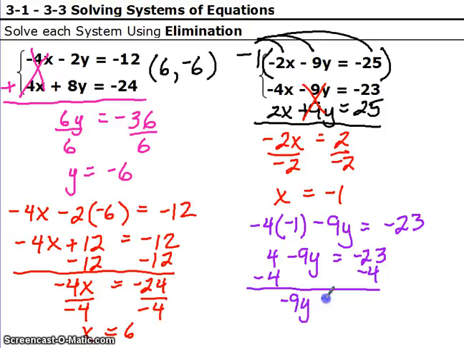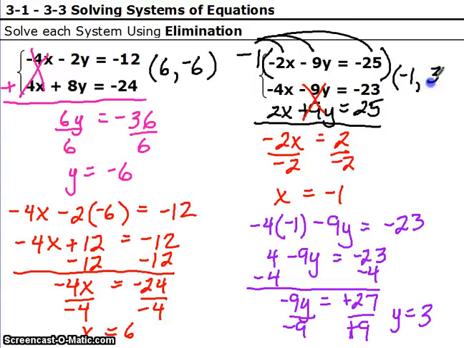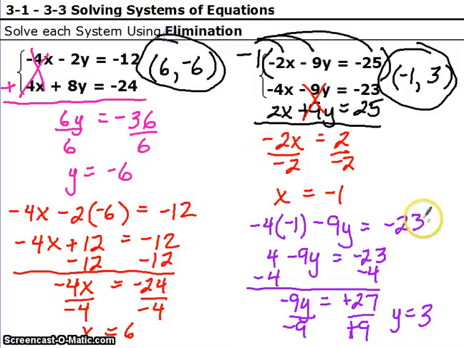Negative 9y equals negative 27. And then I need to divide by negative 9 to cancel it out and get y by itself. y equals positive 3. The negatives cancel, and 27 over 9 is 3. So our solution on this one is negative 1, comma, positive 3. Circle this one over here as well.